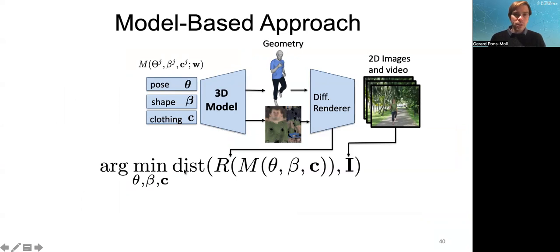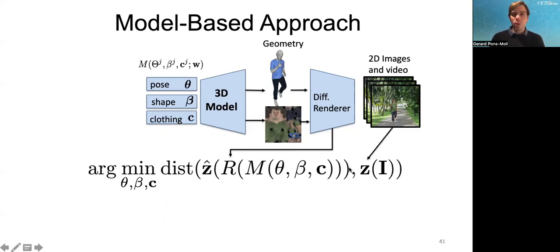And essentially you had this optimization problem, arg min over the latent parameters theta, beta, and clothing, which minimizes the rendering loss, or a pixel-wise difference between the rendered model. R is a rendering function that takes the SMPL model and projects it into the image and renders it. And then this distance compares it against the image, right?